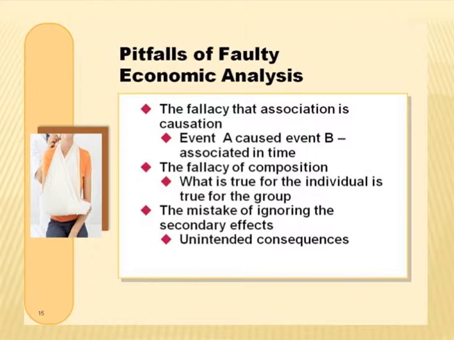And finally, a last potential problem is the mistake of ignoring the secondary effects, and this is often known as the unintended consequences. It is often the case that we set out to do something good to affect people's behavior in a particular way, and we fail to recognize that there are some secondary happenings as a result of that behavior.